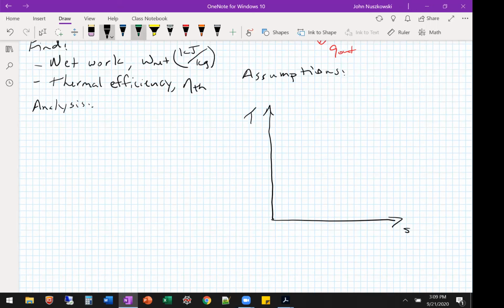All right, if we had some constant pressure lines, we start off at state 1 here. We said we isentropically compress through the compressor, right? So we're going to go to 2 here. Now we're going to add heat at this constant pressure to the outlet of the heat exchanger.